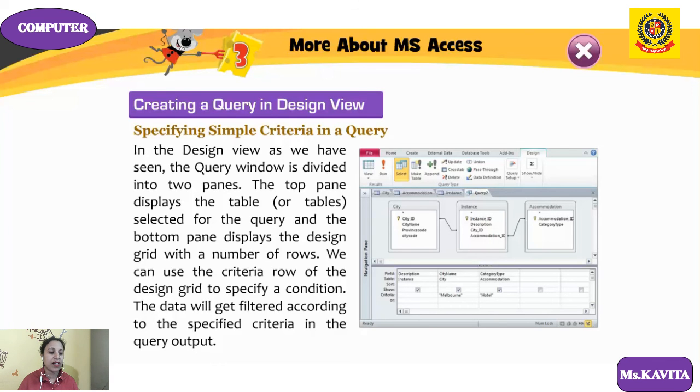We can use the criteria row of the design grid to specify a condition, so the data will get filtered according to the specified criteria in the query output.